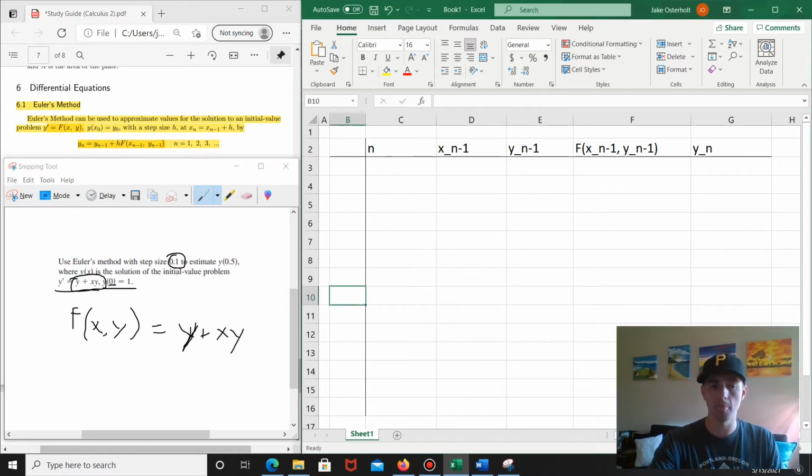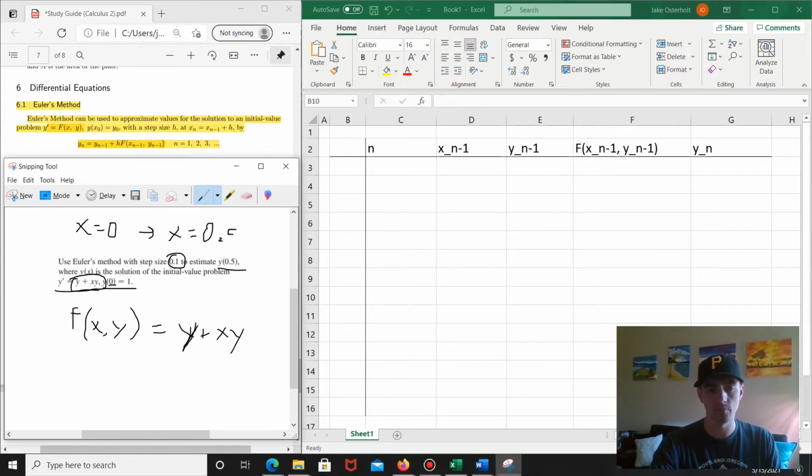So to get from x equals 0, taking a step size of 0.1, we have to get to y of 0.5, which means we have to get to x equals 0.5. Well, how many steps does it take?